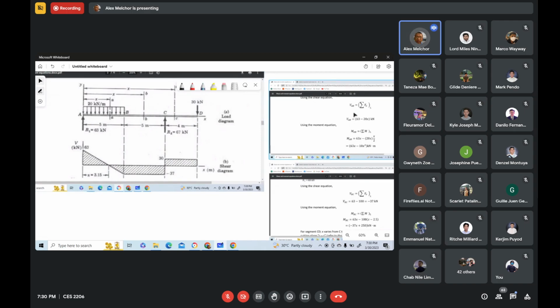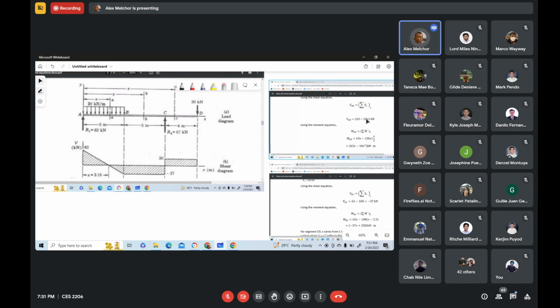So we have here the shear equation for segment AB, 63 minus 20x. Now the value of x is 0 at A because our x distance is measured from the left end. So at the left end, x is 0. So the shear at A therefore is 63.